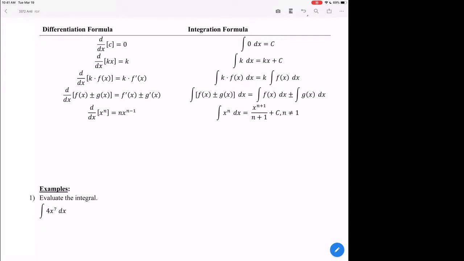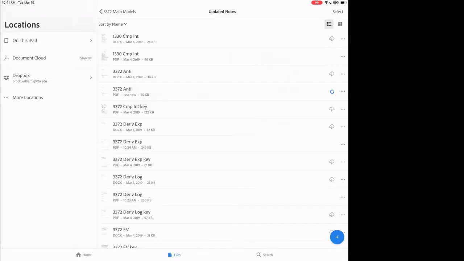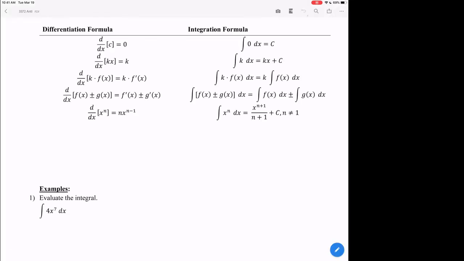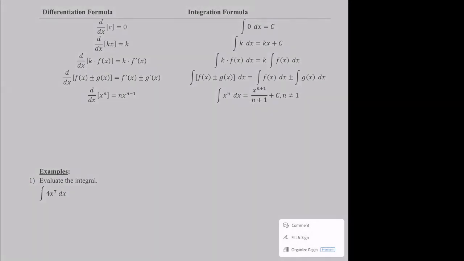Now, the reason that we do that... I may have just lost everything. No, I didn't. There we go. Here's the one that we're going to be using the most out of all these rules.